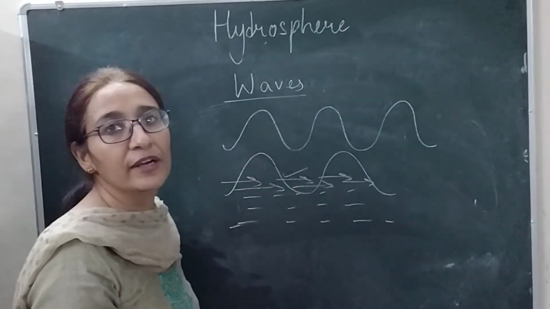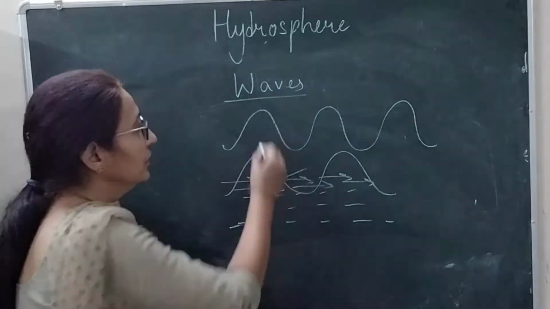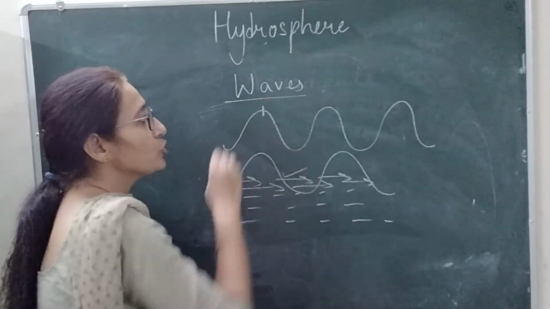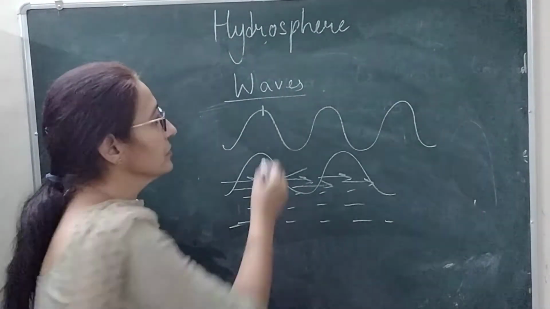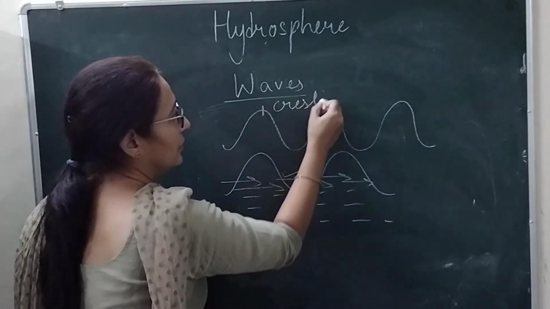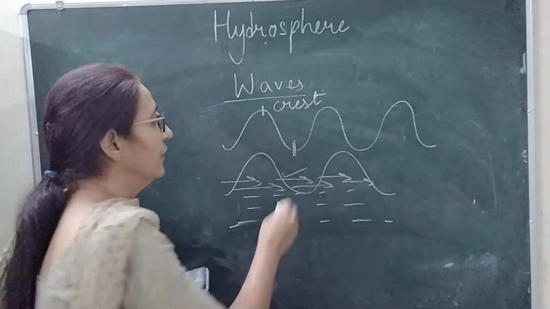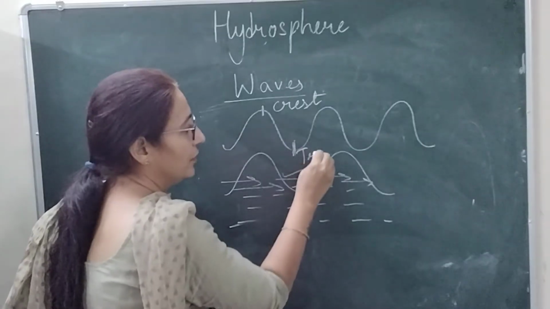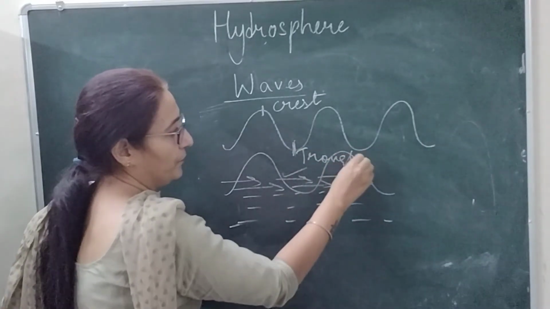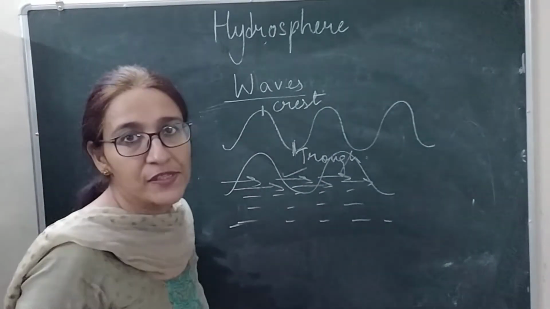This is called waves. The uppermost point of a wave is known as the crest, and the lower point of the wave is known as the trough. So this is about waves.